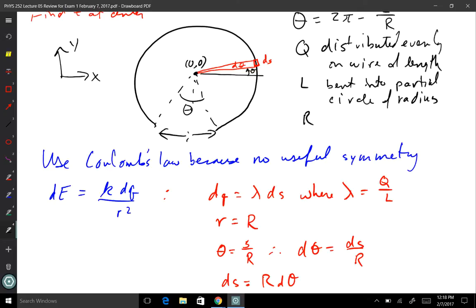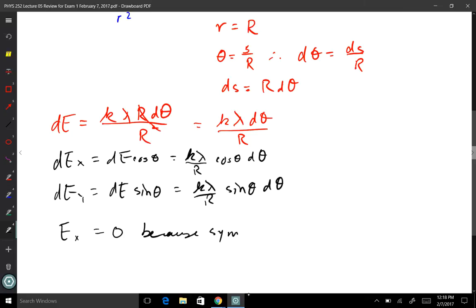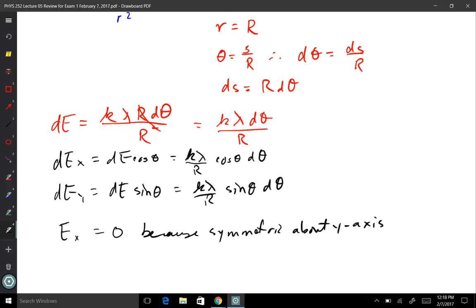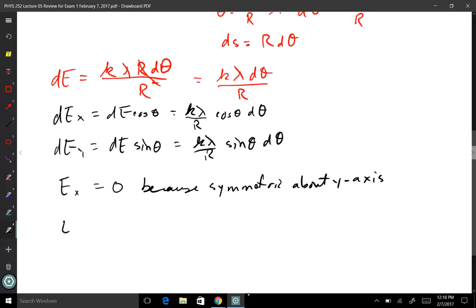Hence, what symmetry argument can I say? This direction is 0. So Ex equals 0 because it's symmetric about the y-axis. You're going to have the same thing on the left side as the right, canceling each other out. Ey, I'm going to have to actually integrate.